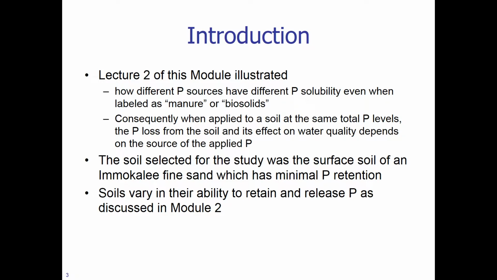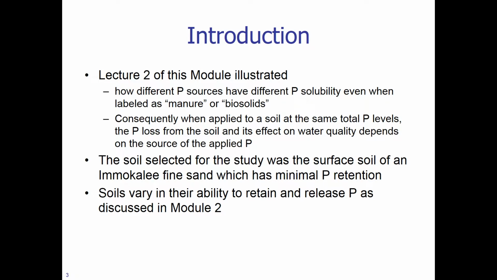To begin with, we note that the different P sources have different P solubility, even when labeled as manure or biosolids. When we talked about manure, it could be beef manure, dairy manure, poultry manure, or swine manure, and so on, and all of them could have different P solubilities.